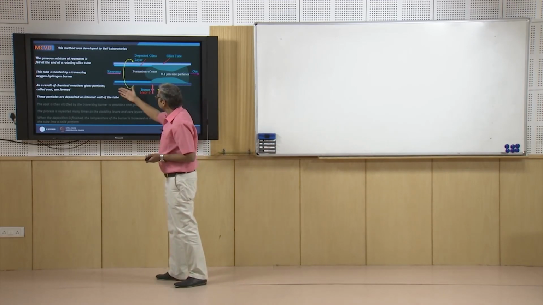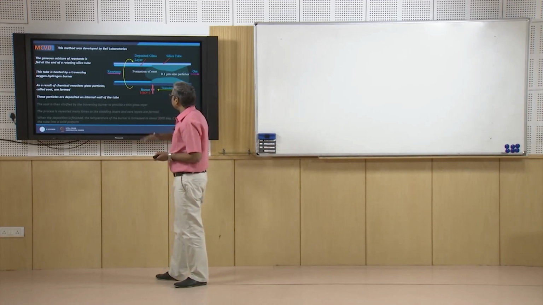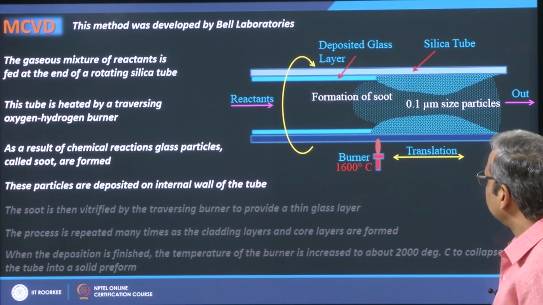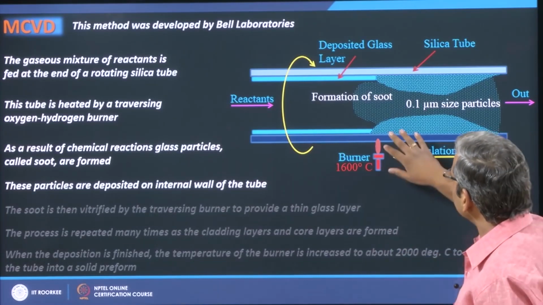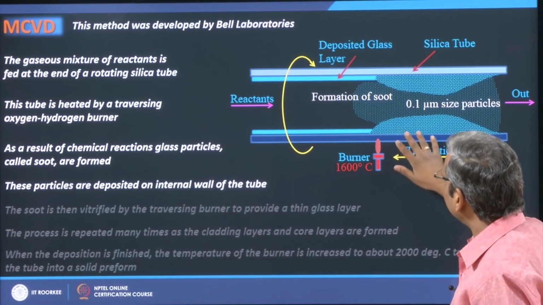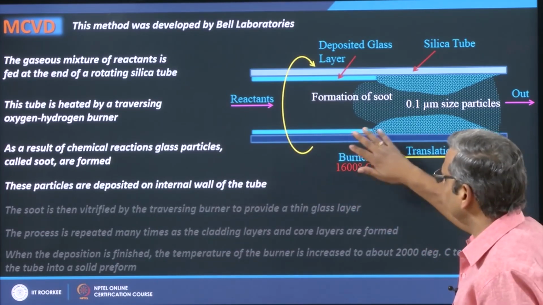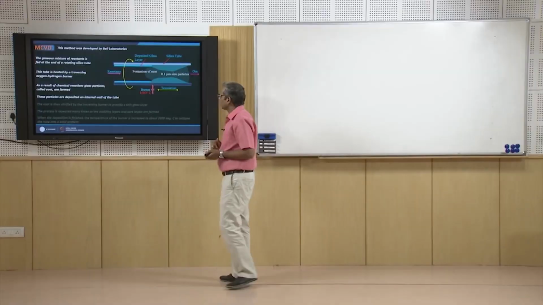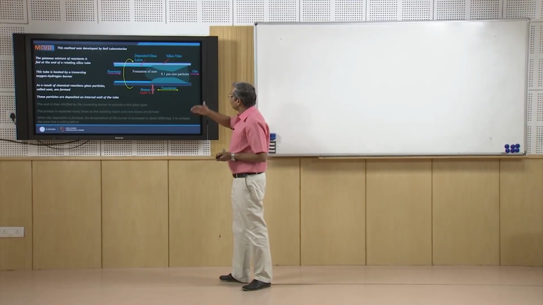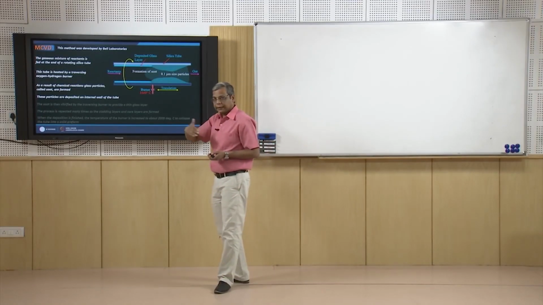So, it is now about to reach here at this end of the tube. Now, you put down the flame and then retrace it back to the input end.